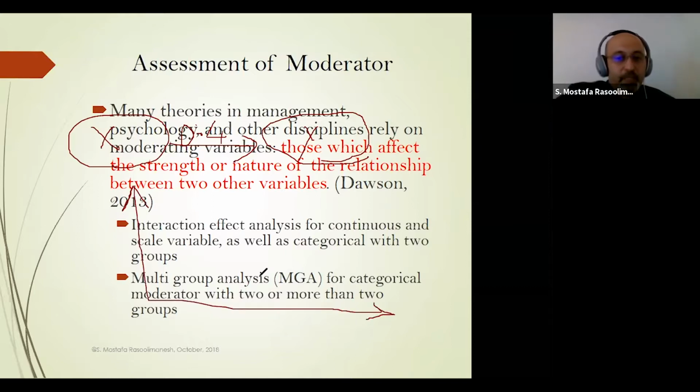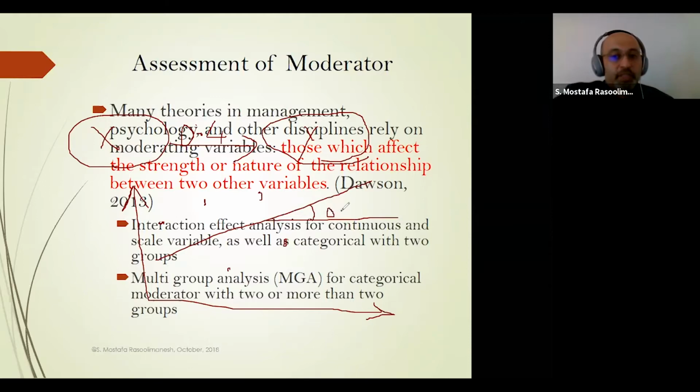We have some data points, and based on them we estimate this line as a regression line for the effect of x to y, and the beta coefficient is the slope of this line.